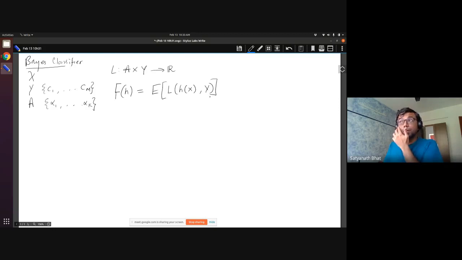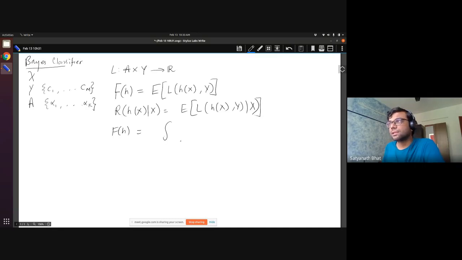Then we simplified by conditioning on X, and the risk can be written as an integral of this form.